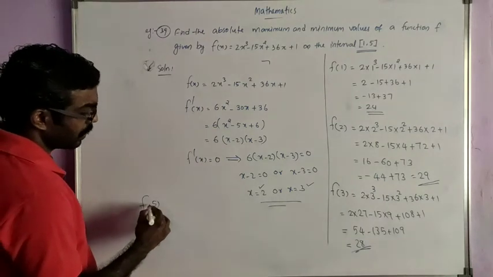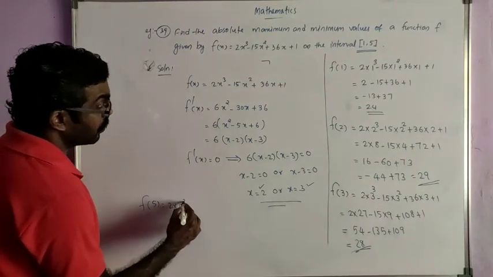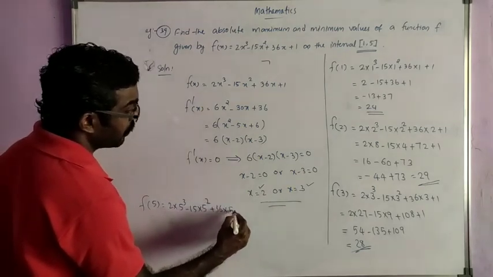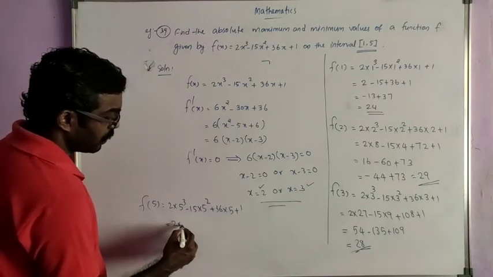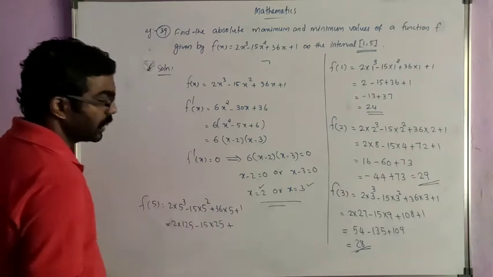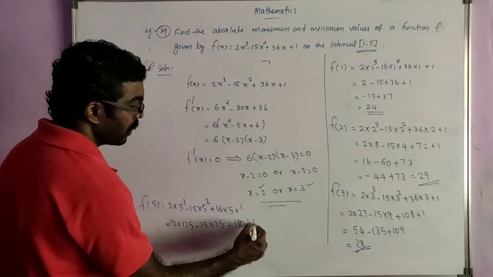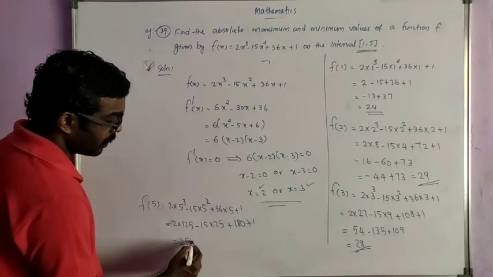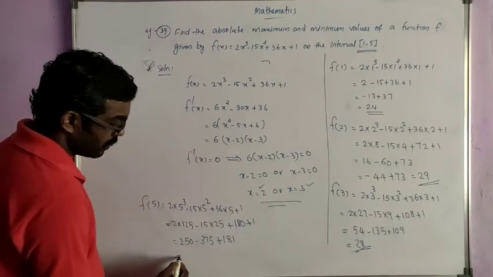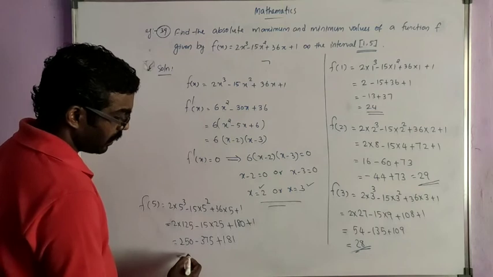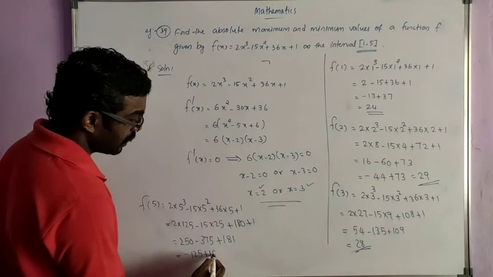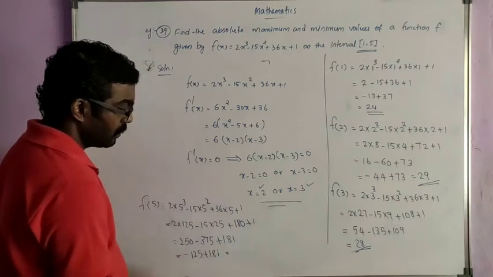F of 5 is 2 into 5 cube minus 15 into 5 square plus 36 into 5 plus 1, which is 250 minus 375 plus 181. 250 minus 375 is minus 125, plus 181, equal to 56.